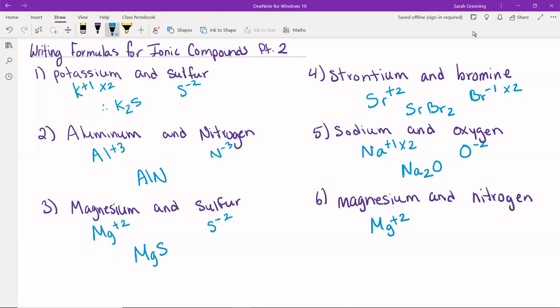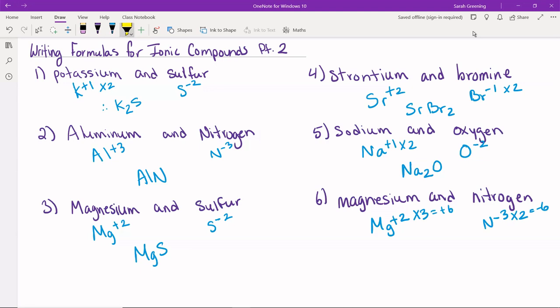Last one here, magnesium. Magnesium has a +2 charge. Nitrogen has a -3 charge. Now this one's not as obvious to start. We had a similar question to this in the previous video. And the trick here is to multiply the charges. So if we multiply magnesium +2 by 3, and we multiply the nitrogen -3 by 2, then this will give us a +6 and a -6, which we would then be able to balance out.